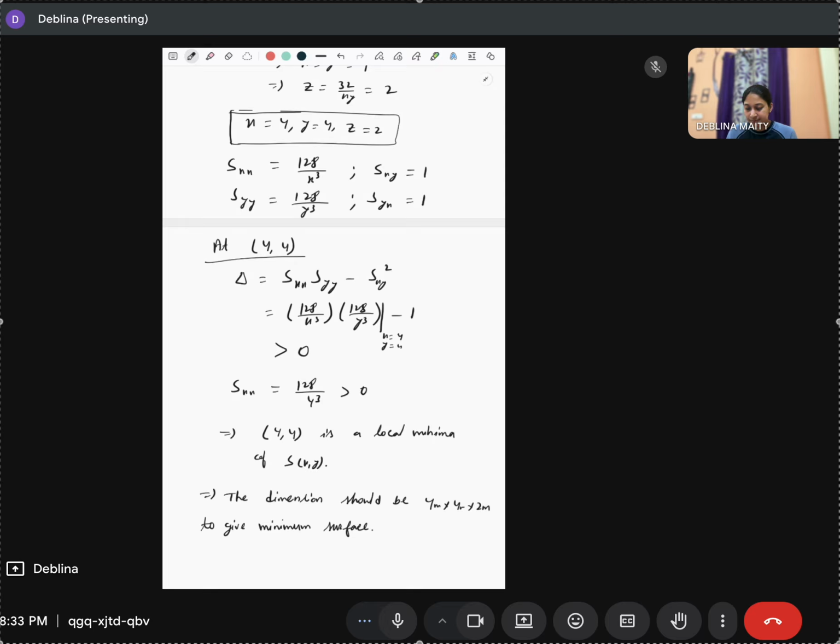If the dimension is 4 by 4 by 2, then the box has minimum surface area.